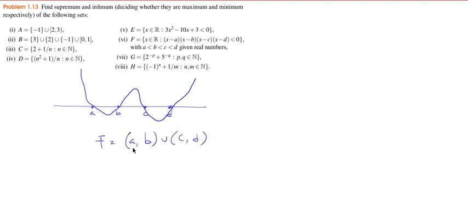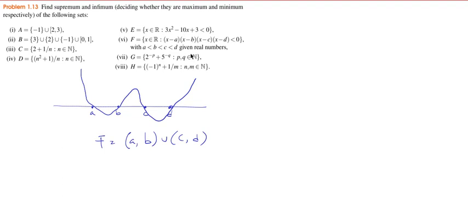All numbers between A and B will give you a negative product here, because if you're between A and B, this factor is negative, but the others are positive, positive, positive, so you have negative. And then if you have numbers between C and D, you have positive, positive, positive, negative, so then smaller than 0.